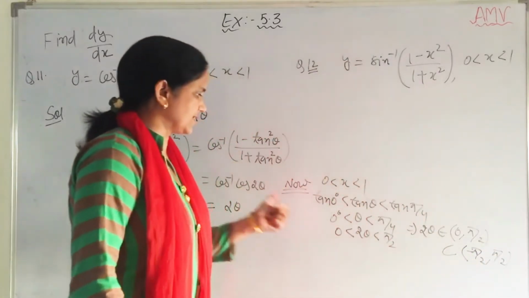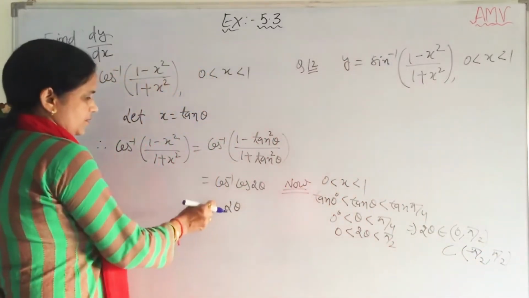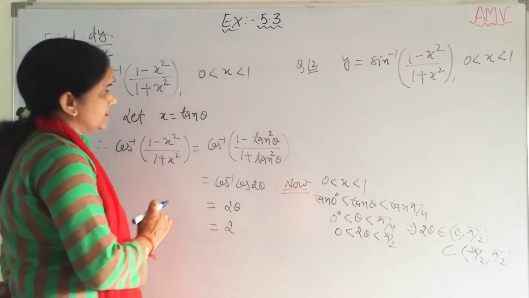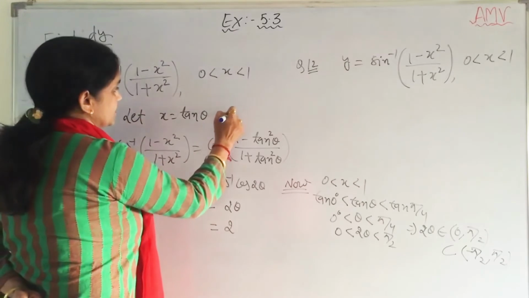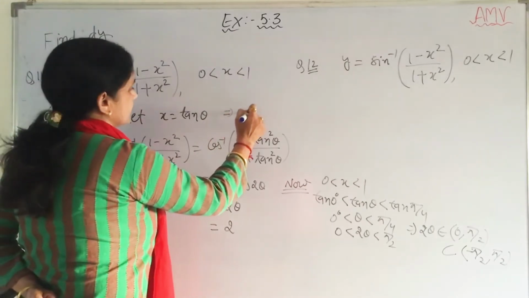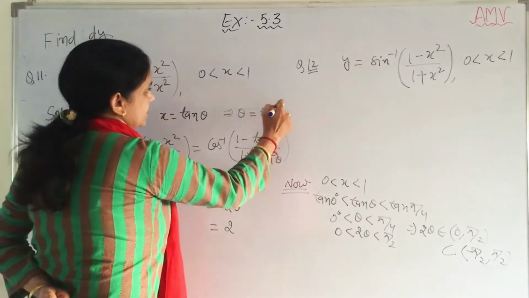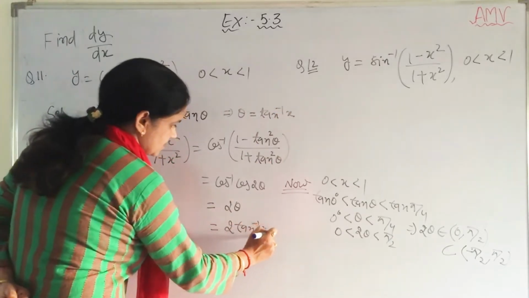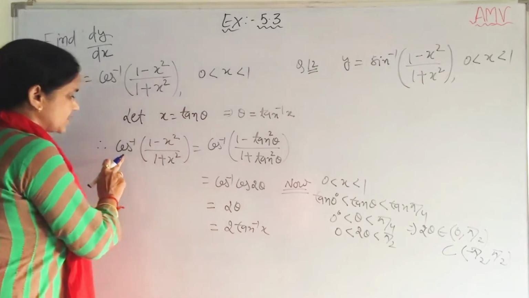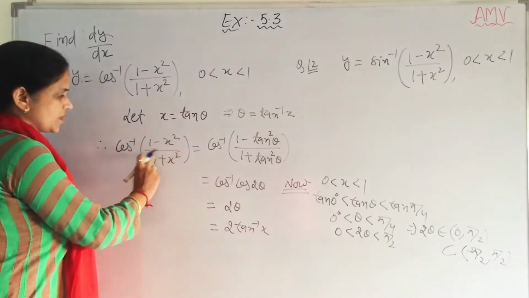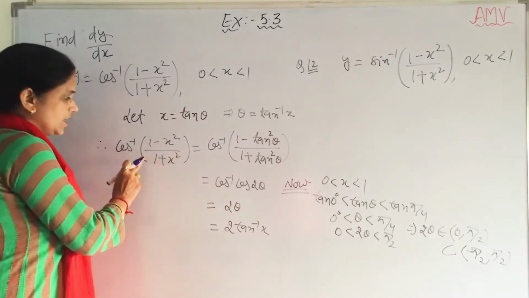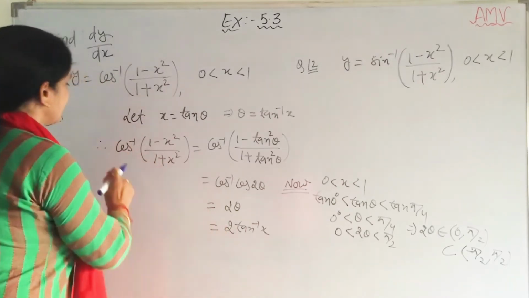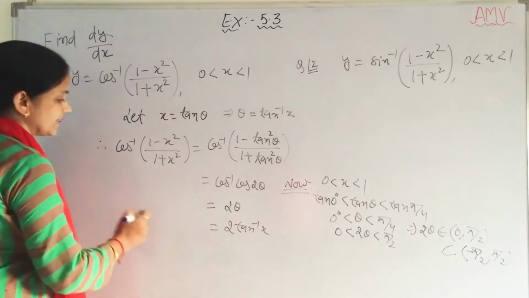So write the range. And now here you have to write the value of theta. Here theta is tan inverse x. So cos inverse (1 minus x square) upon (1 plus x square) is equal to 2 tan inverse x. And we have to find the derivative.